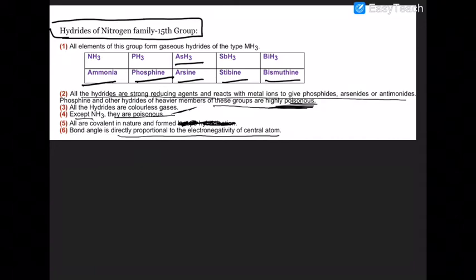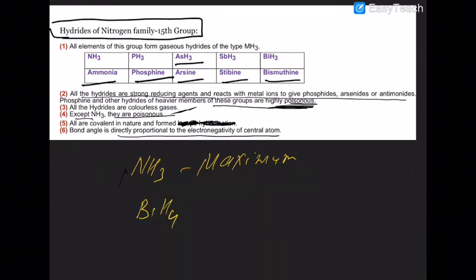So it indicates strongly that the bond angle is maximum in ammonia and it is minimum in the case of bismuthine. So keep this simple thing in your mind.